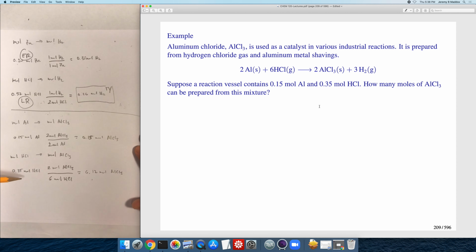So that identifies the hydrogen chloride, again, as our limiting reactant. The aluminum is our excess reactant. And then the theoretical yield is this number right here, the 0.12 moles of aluminum chloride.